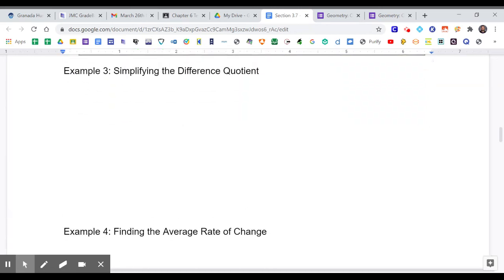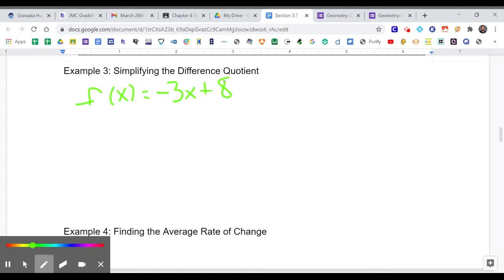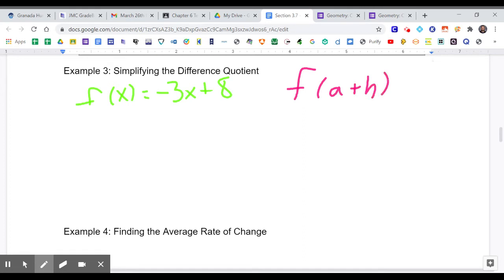So let's look at a problem here. We're going to look specifically at f of x equals negative 3x plus 8. Okay, so we're going to find the difference quotient. So remember our equation for it is f of a plus h minus f of a all over h.